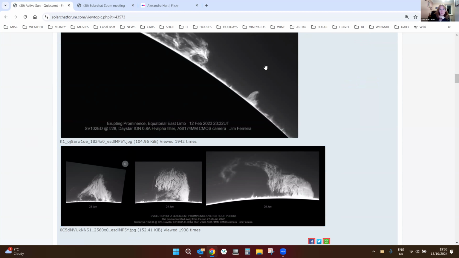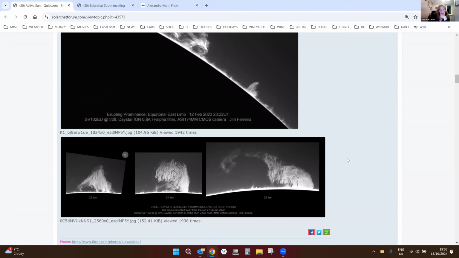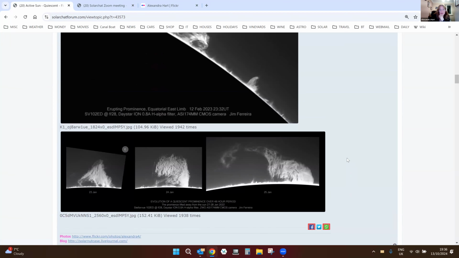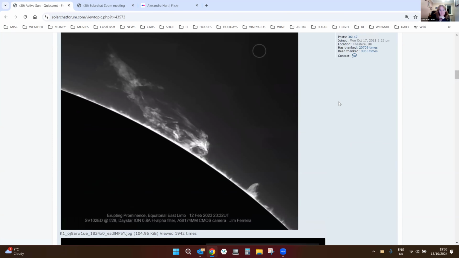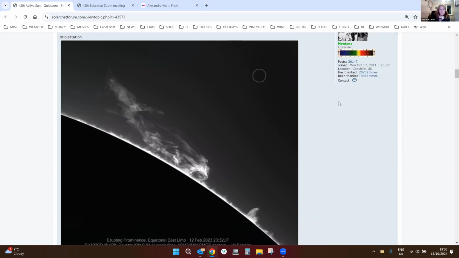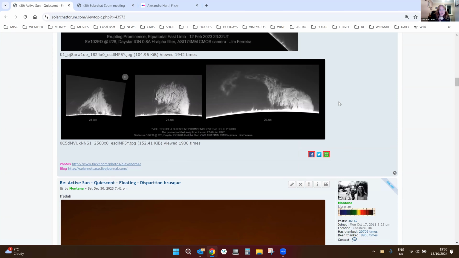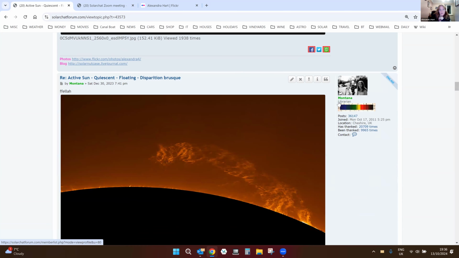But we haven't got any further ones. He says here it's an erupting prominence, so he must have followed that over time, but he's only shown the single shot. Jim usually does show the full sequence, doesn't he?